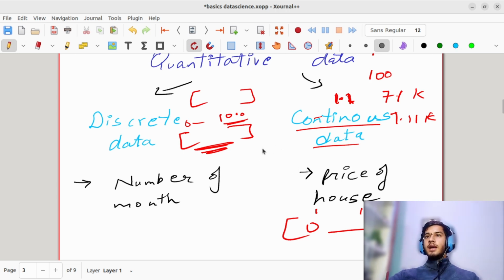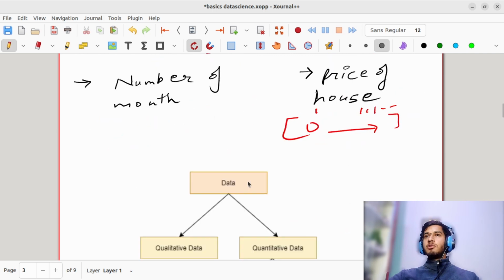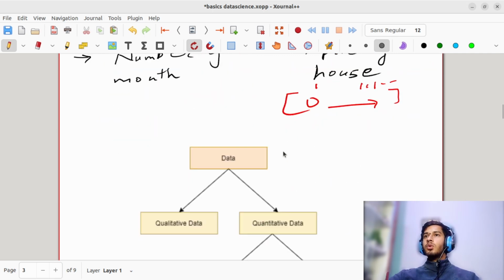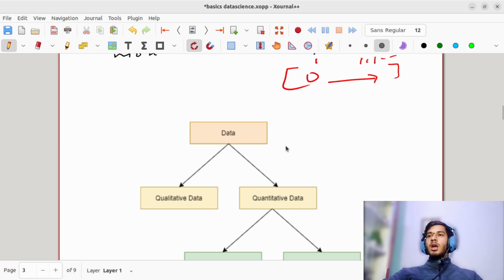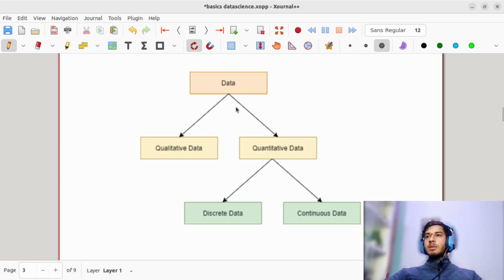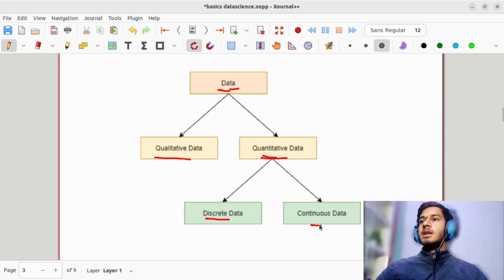For now, we will be looking at some theory and the Python code. Just to sum it up, we have data, and inside data there are two types: qualitative data and quantitative data. Inside quantitative data, again you have discrete data and continuous data.